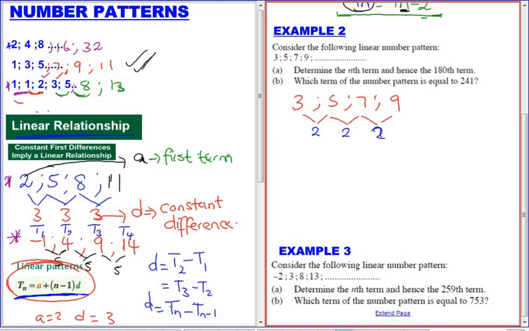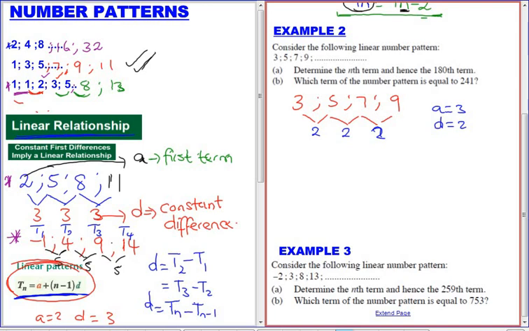Good, it's constant. So at this point, you can tell that it is a linear number pattern. We can call them arithmetic number patterns as well. So your a here is equal to 3, and your common difference is equal to 2.